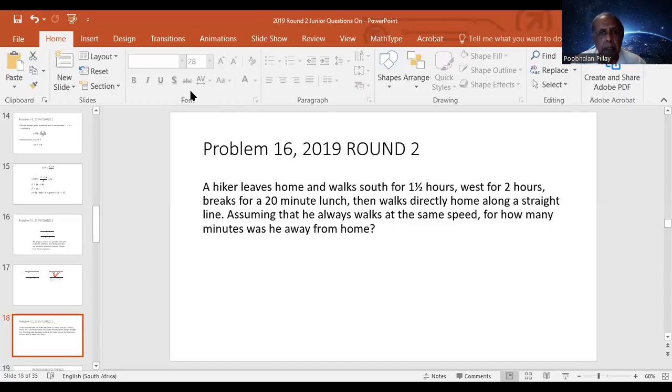South is this direction, south like that, and then west is that way, west, and then he breaks for a 20-minute lunch and then walks directly home along a straight line. Now, assuming he always walks at the same speed, for how many minutes was he away from home?